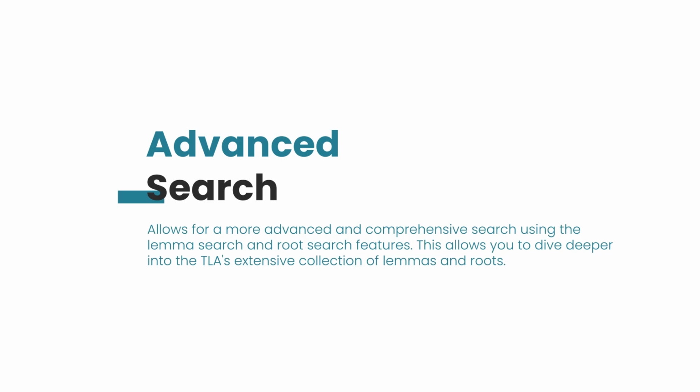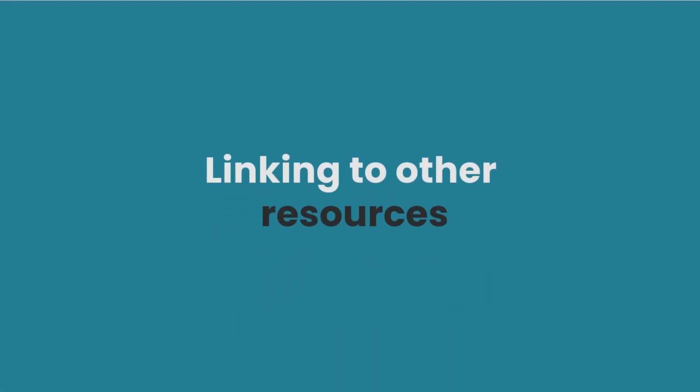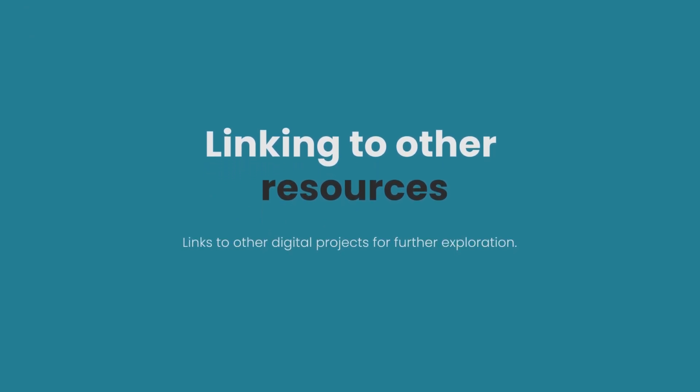They allow you to dive deeper into the TLA's extensive collection of lemmas and roots. The lemma and root pages have been enhanced to provide you with more detailed information and references. Additionally, the new TLA version includes links to other word-oriented digital projects. In turn, they offer access to related resources for further exploration.